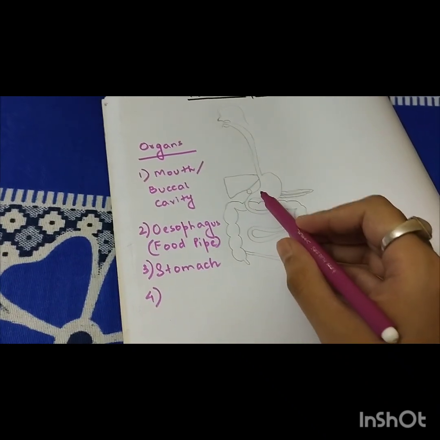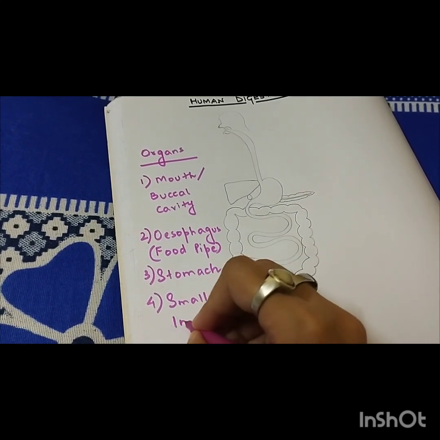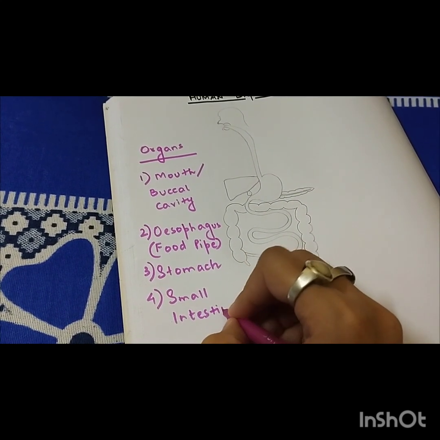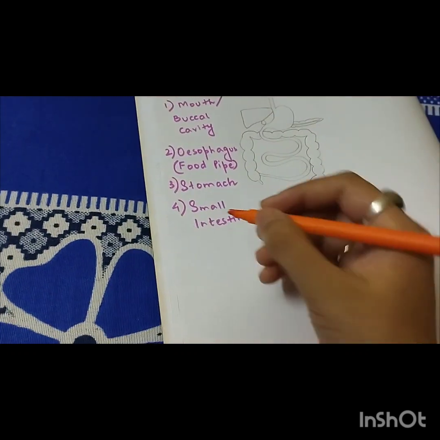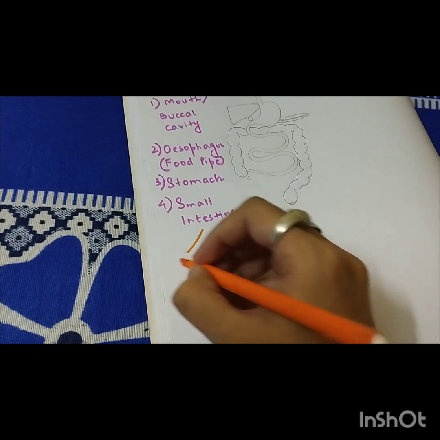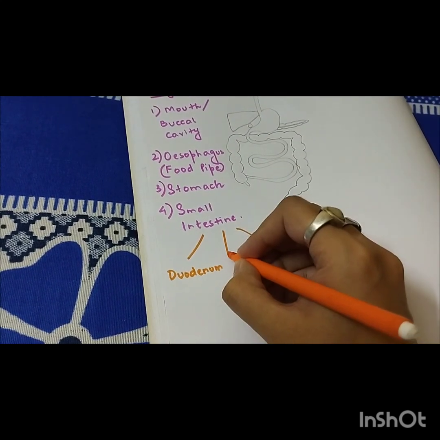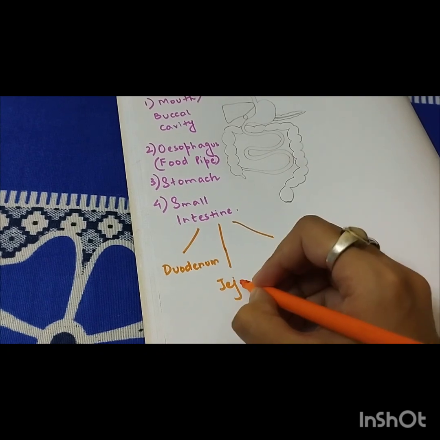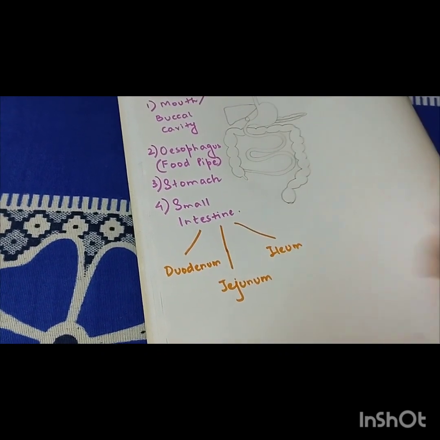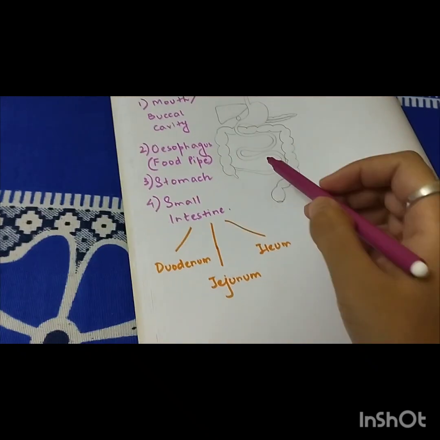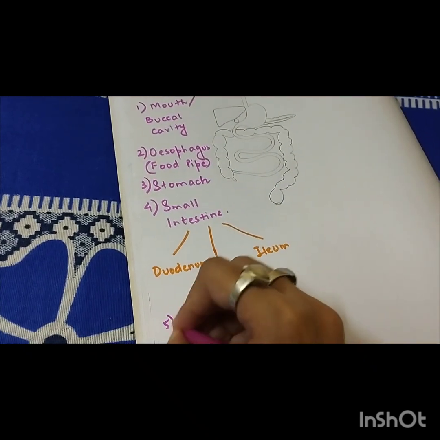After the stomach, the food goes into the small intestine. The small intestine has three parts: duodenum, jejunum and ileum.